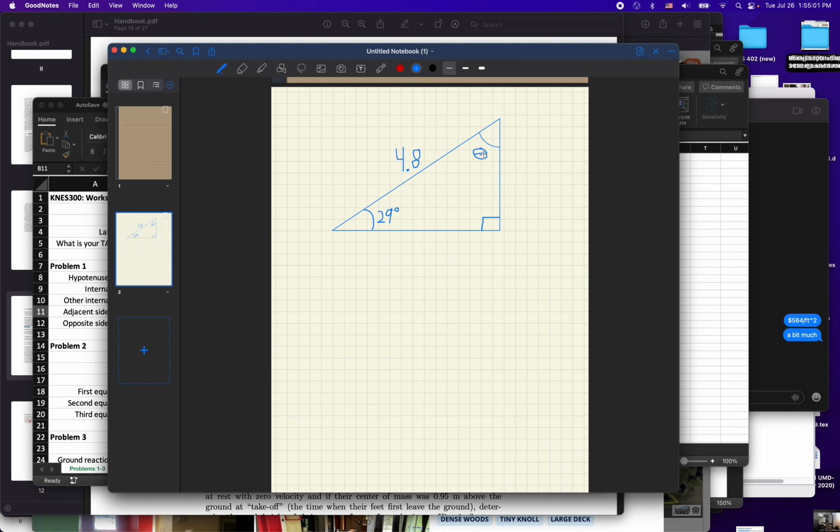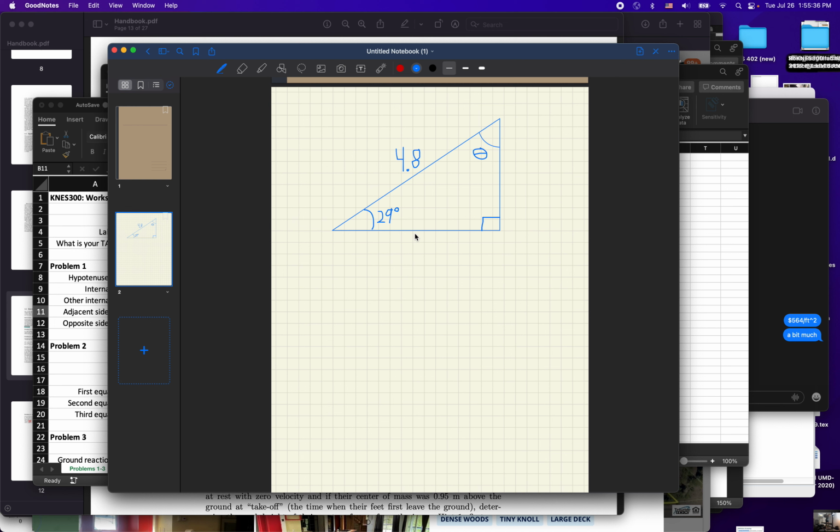If I was asking which side is opposite this 61-degree angle, that would be this long horizontal side because it doesn't touch this angle, and the adjacent side would be this shorter vertical side because that side does touch that angle. So the horizontal side is opposite this 61-degree angle, but it's adjacent to this 29-degree angle. Okay, so don't automatically conflate opposite with the vertical side and adjacent with the horizontal side.